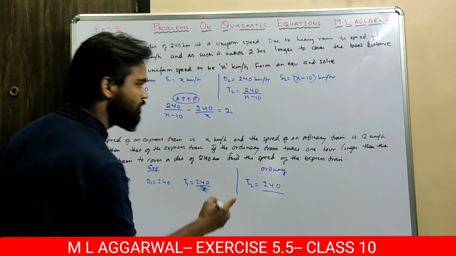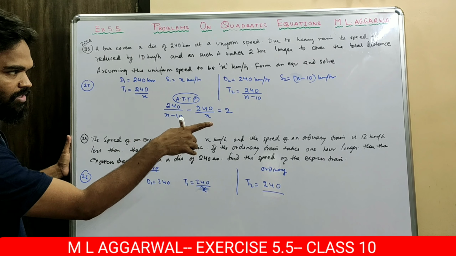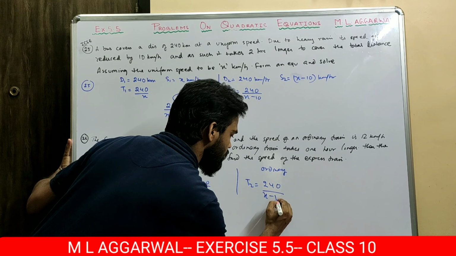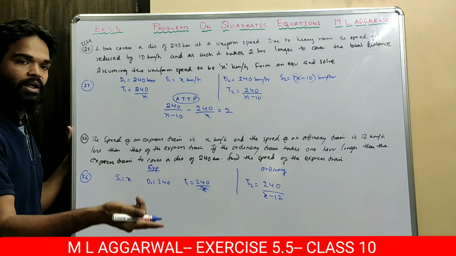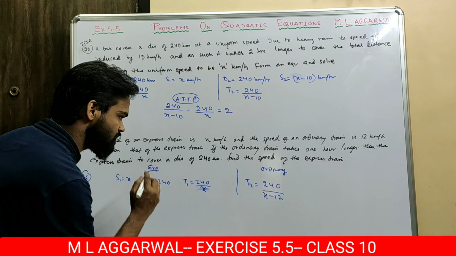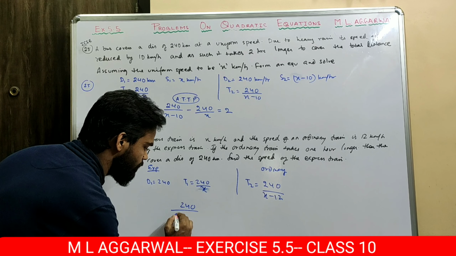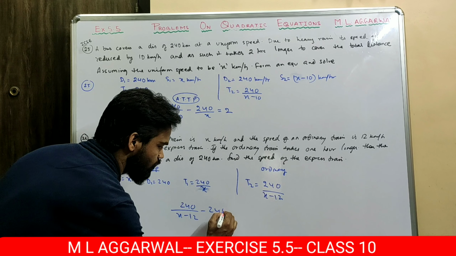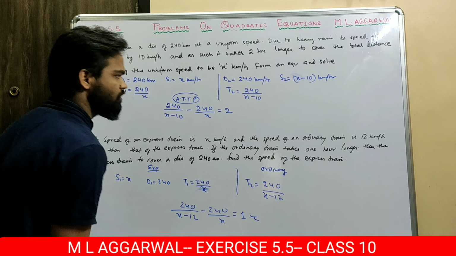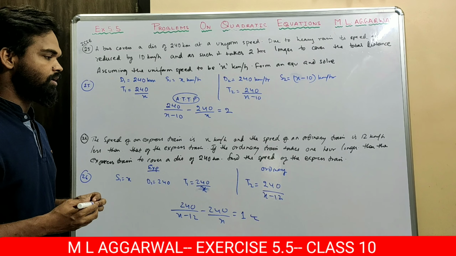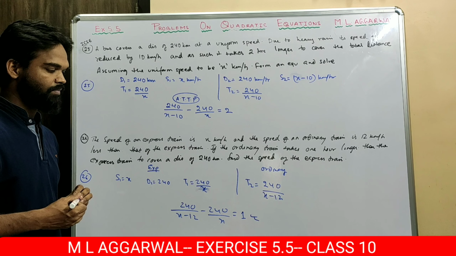The speed is less by 12 km per hour, so you can say x minus 12. The ordinary train takes 1 hour longer, which means T2 minus T1, which means 240 by x minus 12 minus 240 by x equals 1, and that's my equation. This was similar sums. Now let us look at the next sum.